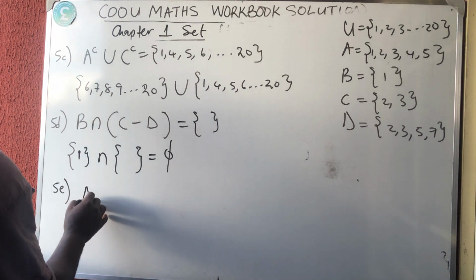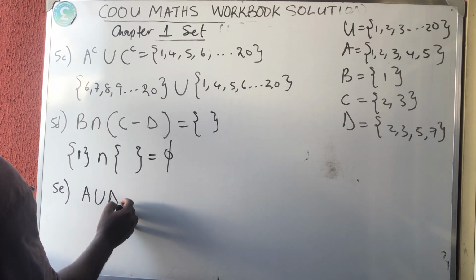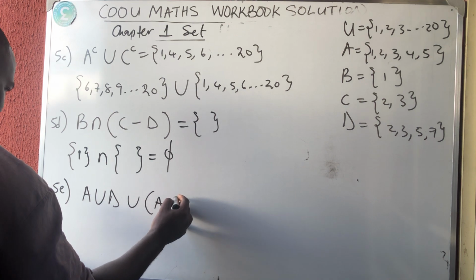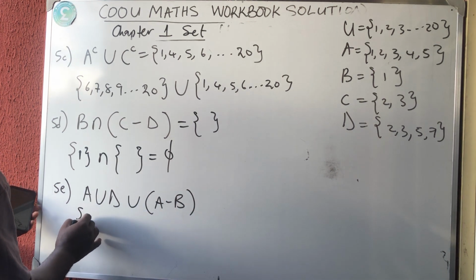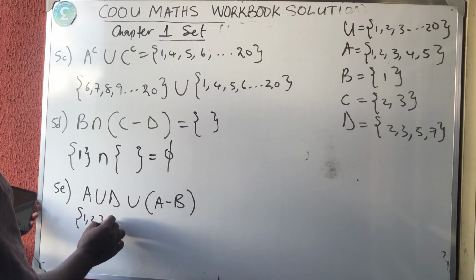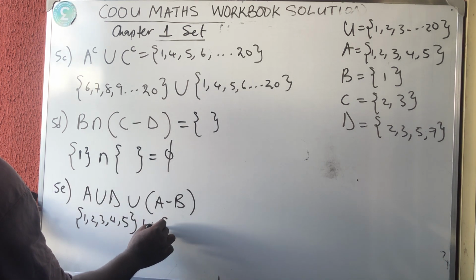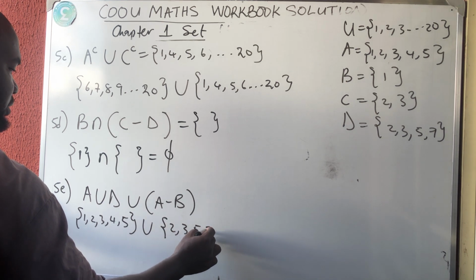5E said A union D union A minus B. Okay, my A is what? 1, 2, 3, 4, and 5. Union, my D is what? 2, 3, 5, and 7.